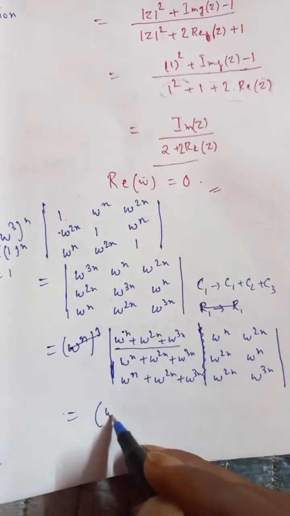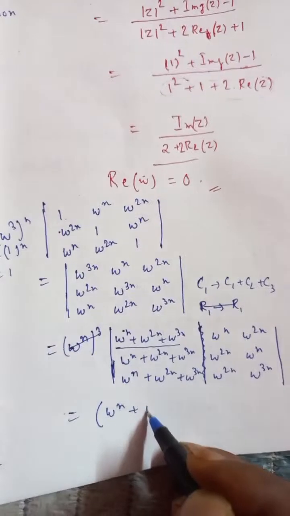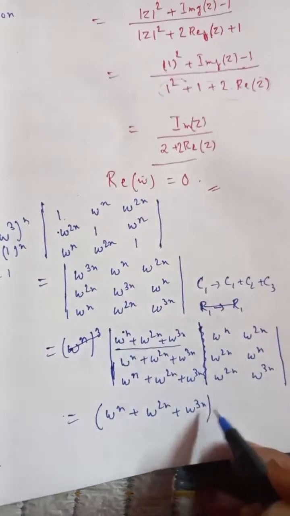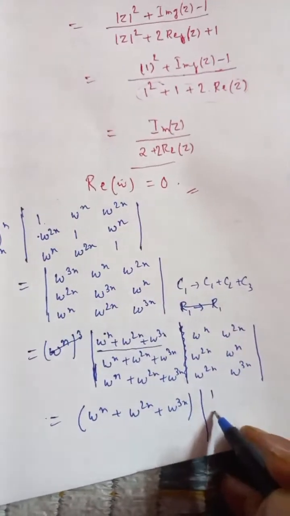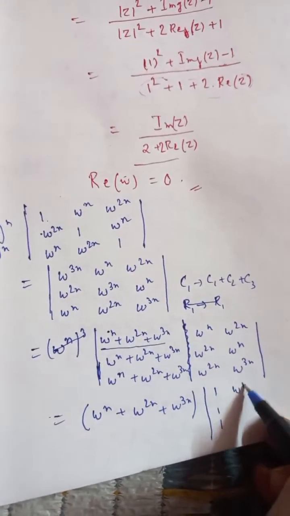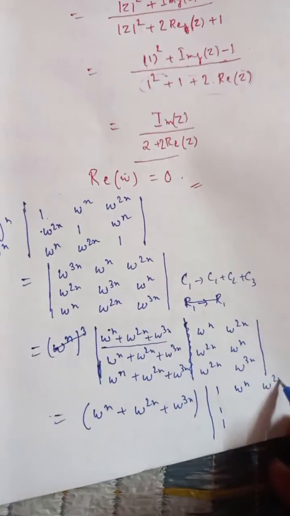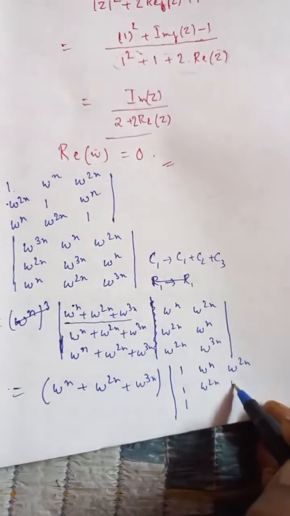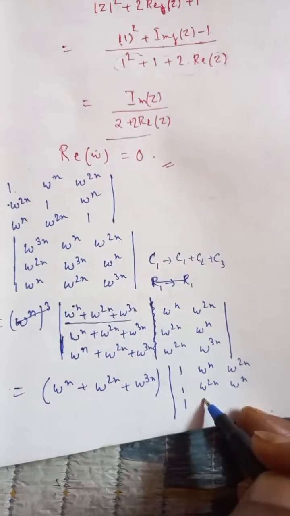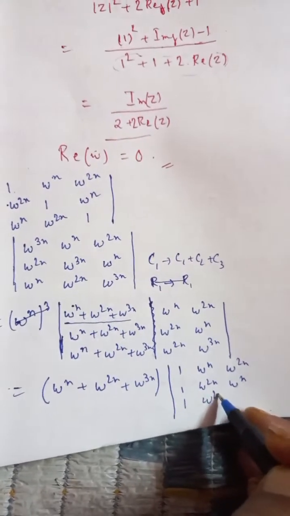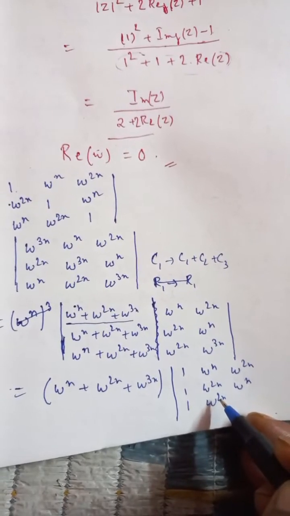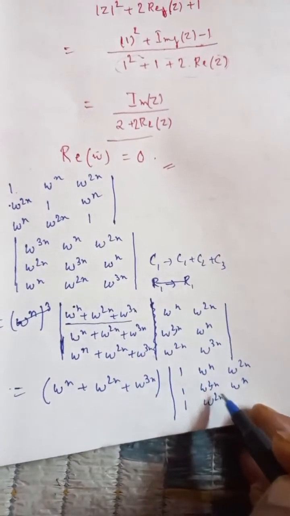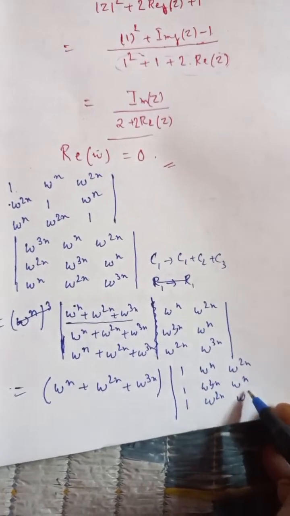We have omega n plus omega to the power 2n plus omega to the power 3n, and we will have 1, omega n, omega 2n, here it will be omega to the power 2n, omega n, and here it will be omega to the power 2n, this is 3n actually, this will be 3n, 2n, and this will be omega 3n.